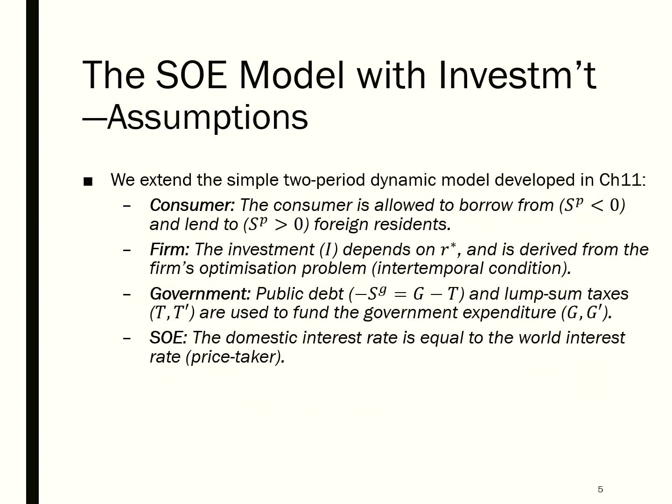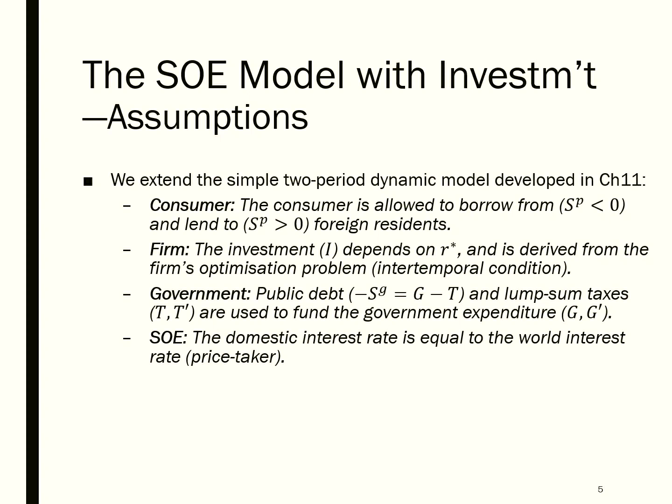Now again, let's summarize the assumptions to begin with. We extend the simple two periods dynamic model developed in Chapter 11. There are four economic agents. The first one is the consumer, who maximizes its utility by borrowing and lending to the foreigners. The second is the firm, which maximizes its profit by its investment.